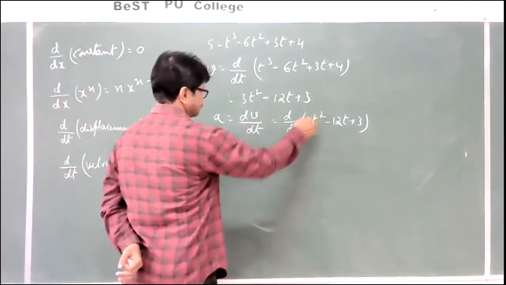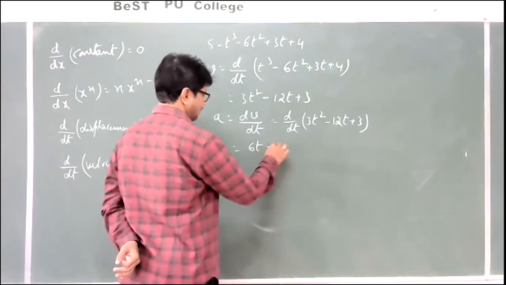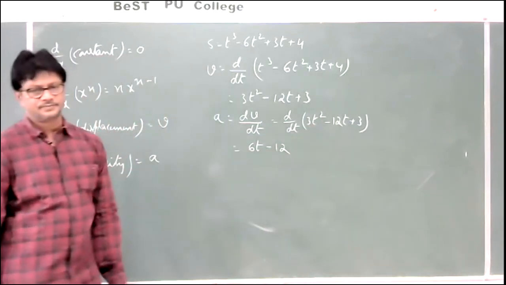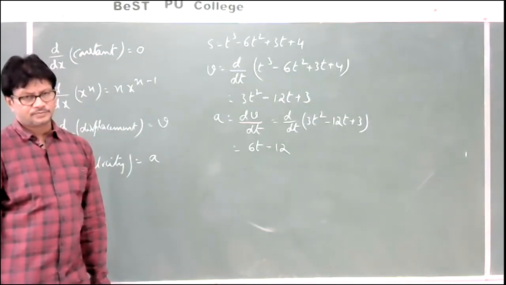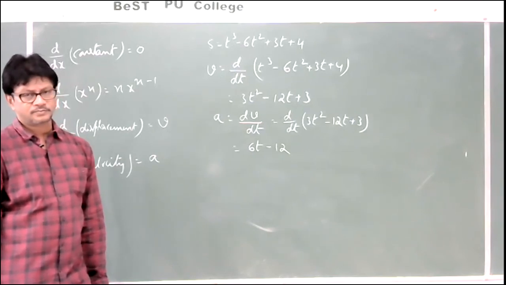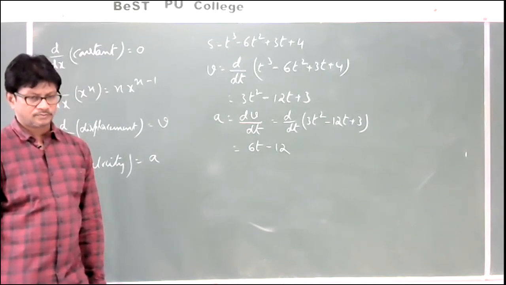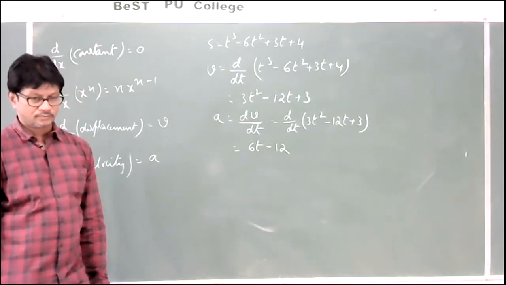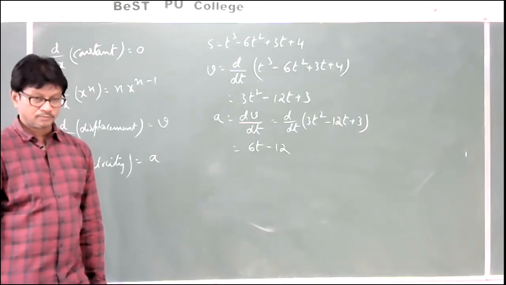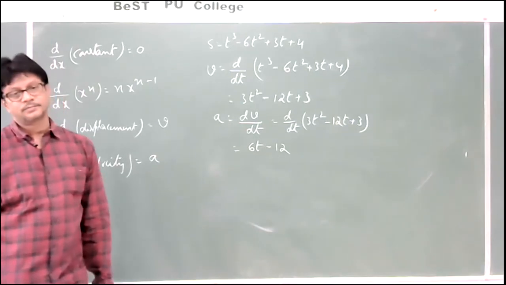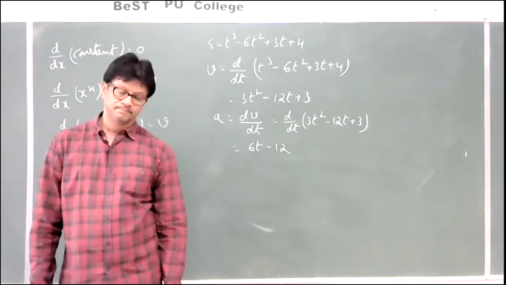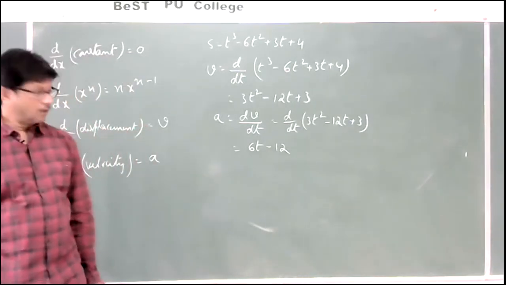Then we are going to have 6t minus 12 if you differentiate. Okay. Now we got the acceleration.